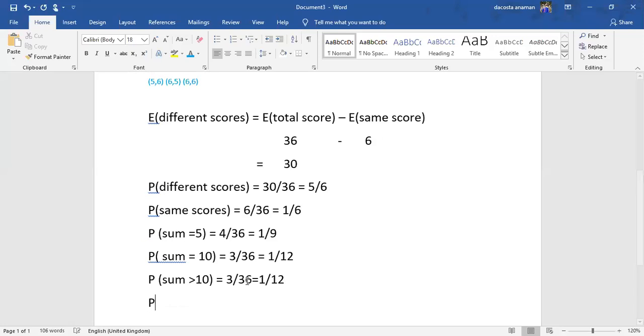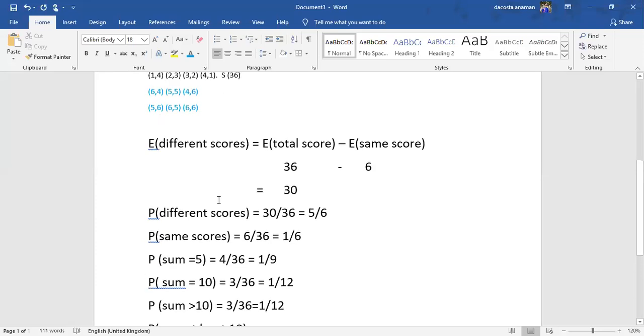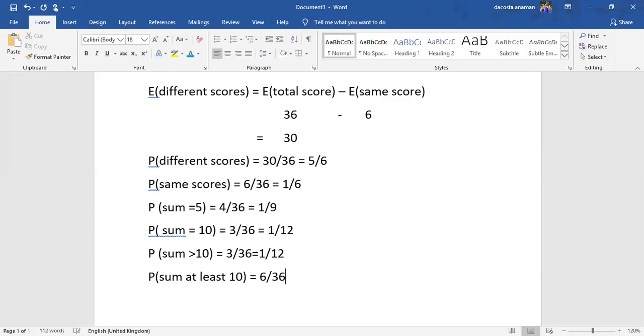Then the last one, which is the sum should be at least 10. That's 10 or more. I don't have the greater than or equal to symbol here. And that will give us this 3 plus this 3, and that will give us 6. So 6/36. And that will be equal to 1/6. I hope you get it now.